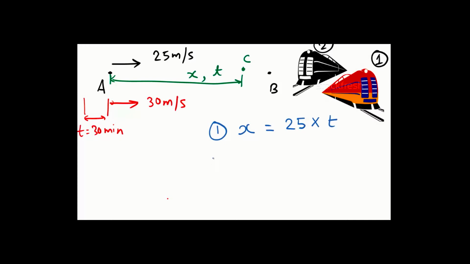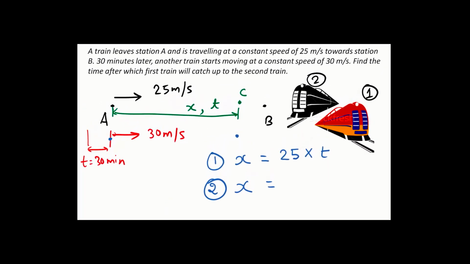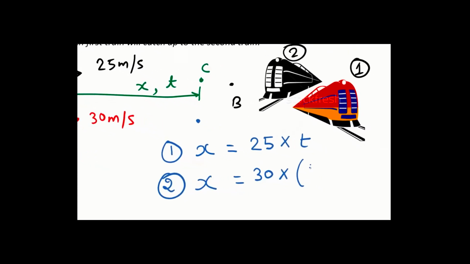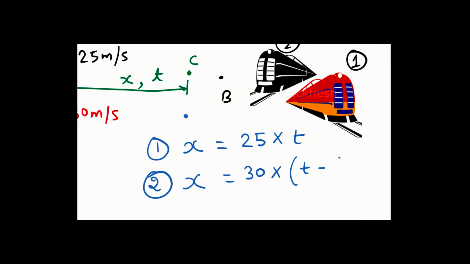We have another equation for train number 2. Train number 2 is also traveling the same distance because they are starting from the same point and meeting at point C. So it's also traveling a distance x, but with a higher speed, 30. And obviously it will take a smaller amount of time. How much? That will be t minus 30. But 30 is in minutes, right? So we have to convert it into seconds.